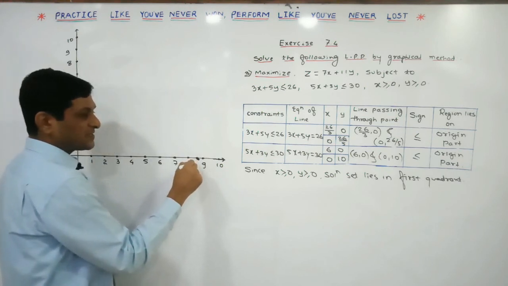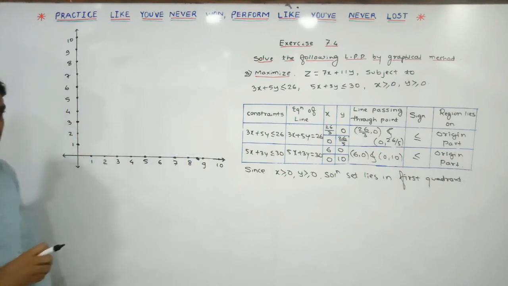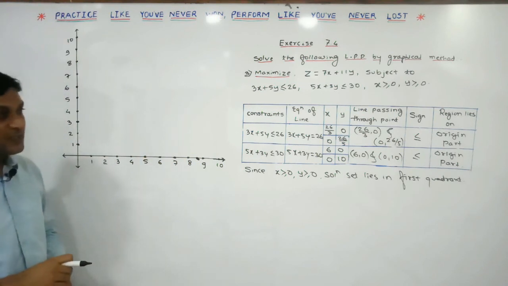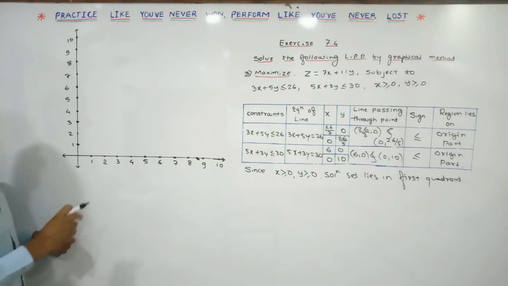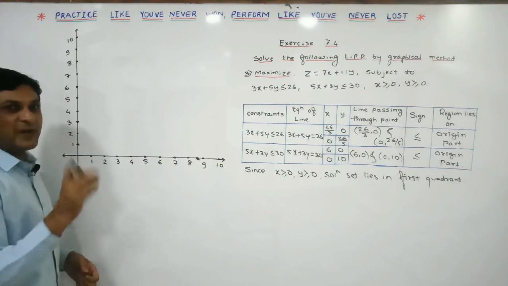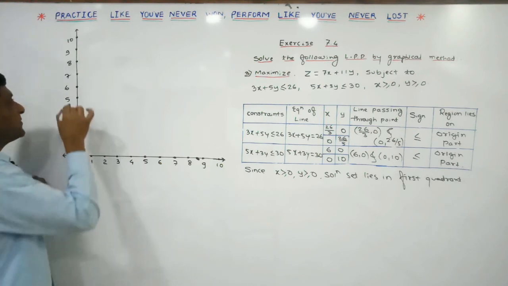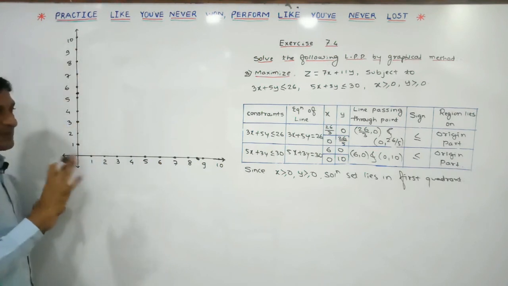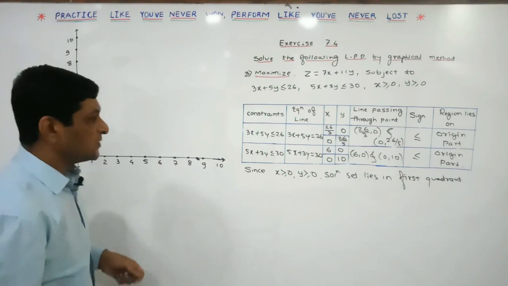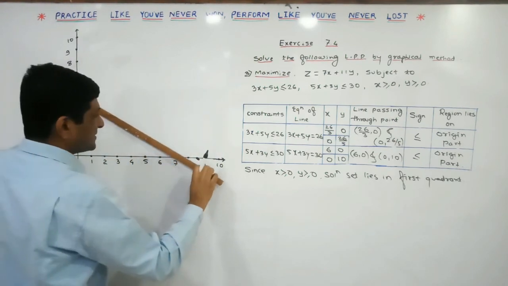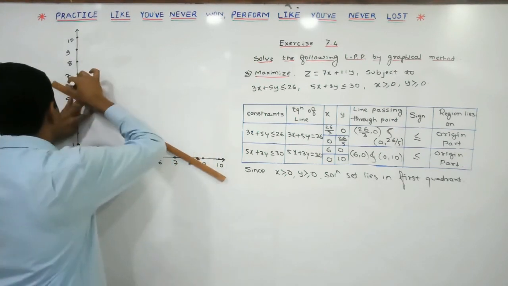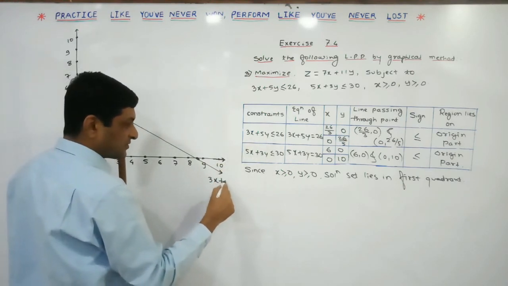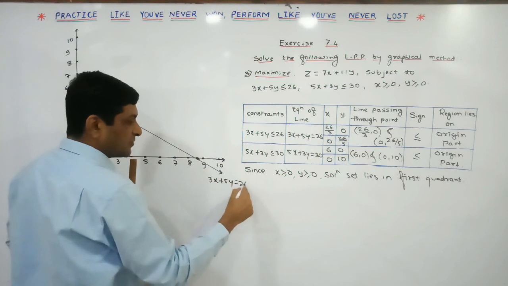So here we will get the position of this point, and the point on the y-axis is 0 comma 26 upon 5. 26 upon 5 means 5.2. Its approximate value is 5.2, so it will lie somewhere here on the y-axis. Once the positions of the 2 points are known to us, draw a line passing through these 2 points. Then write down the equation of the line. What is the equation of the line? 3x plus 5y is equal to 26.